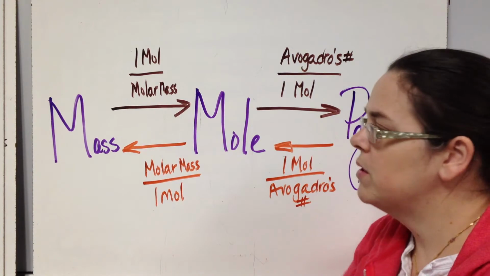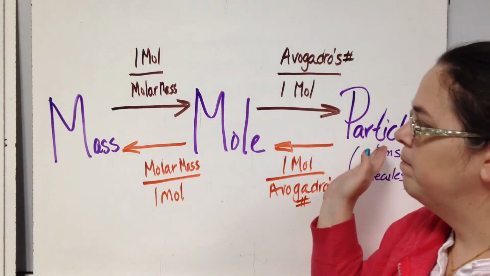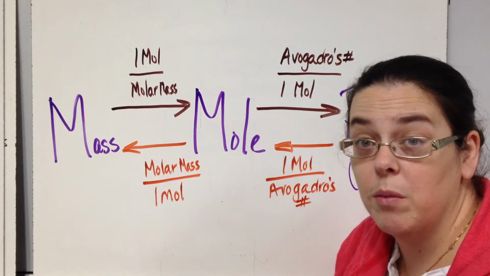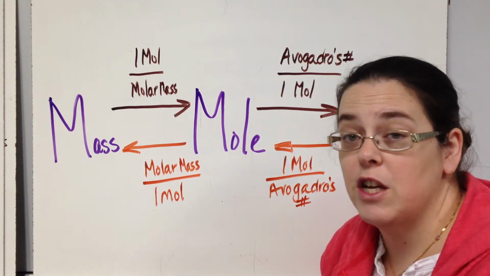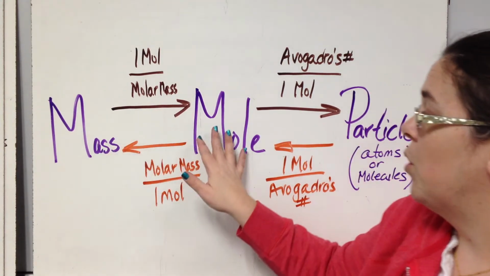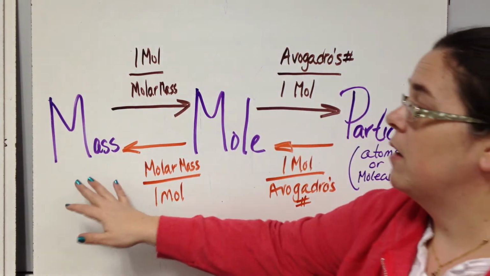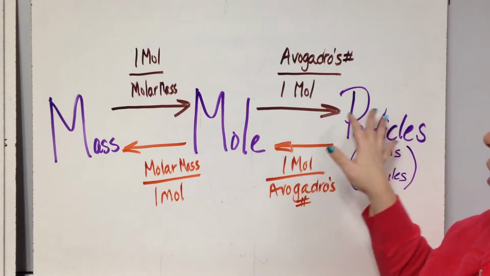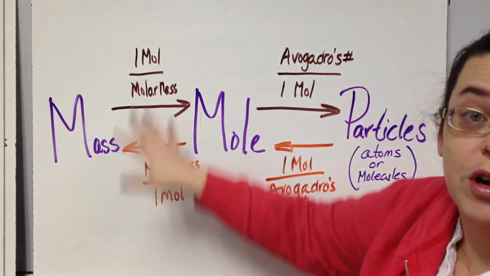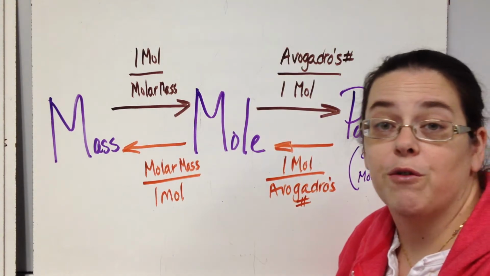Okay, so how do we use these? The way we use these is with a conversion process. It's very similar to what you already did in the beginning of the year. All you're doing is changing the factors that you're using. So we can go from mass to moles to particles. We can go back from particles to moles to mass, and we use basically 2 conversion factors, either flipping them up or down.